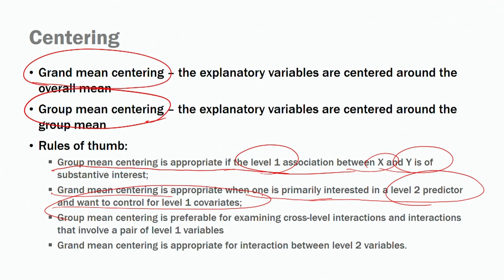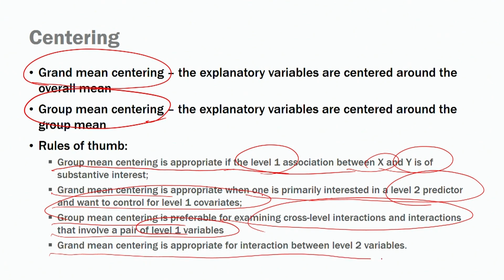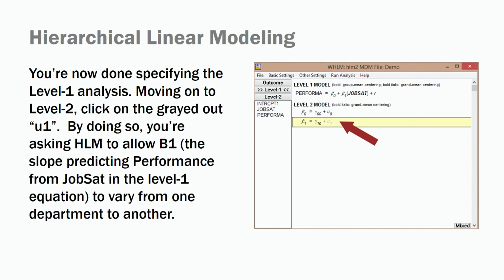We are not doing this here. Group mean centering is preferable for examining cross-level interactions and interactions that involve a pair of level 1 variables. And grand mean centering is appropriate for interactions between variables at level 2. Okay? So these are some rules of thumb for when you select grand mean centering or group mean centering.